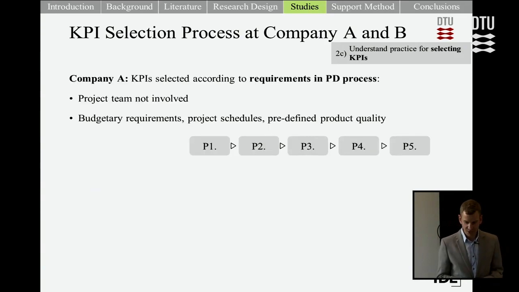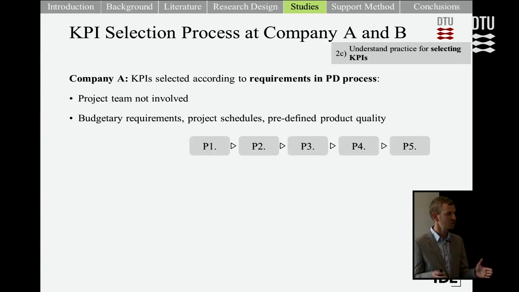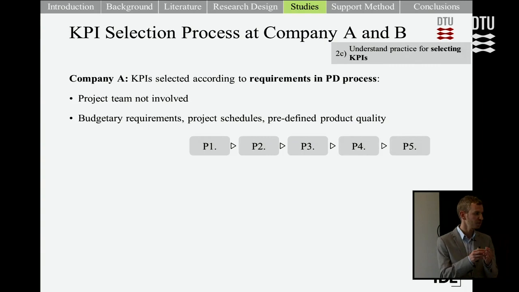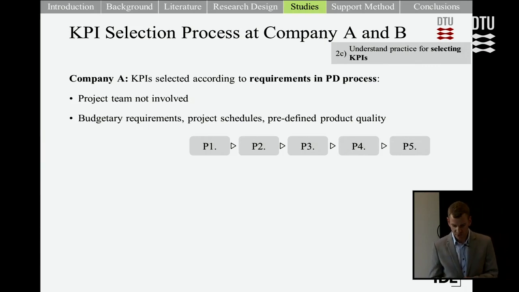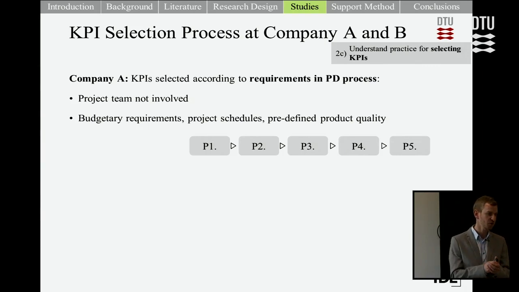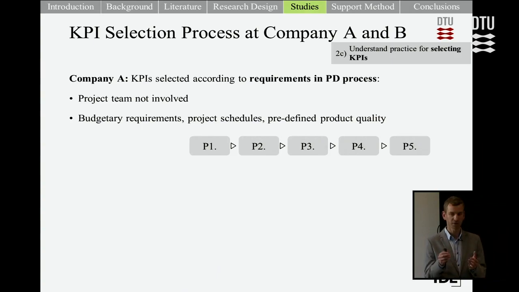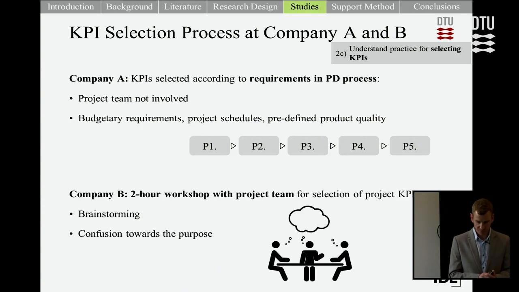So at Company A, we see that KPIs were selected according to the design requirements in the product development process. And the project team was not involved, so it was only the project manager that selected these KPIs. And many of the KPIs related to budgetary requirements, also project schedules and product quality. So those are also similar to those identified from the iron triangle, for example.